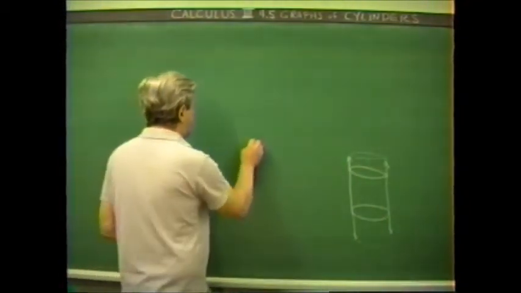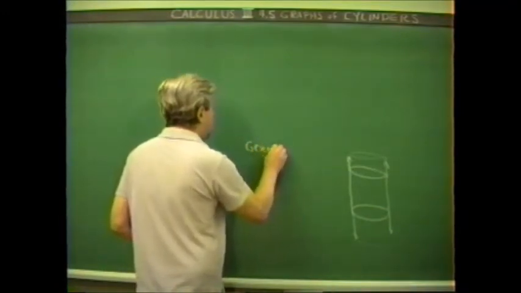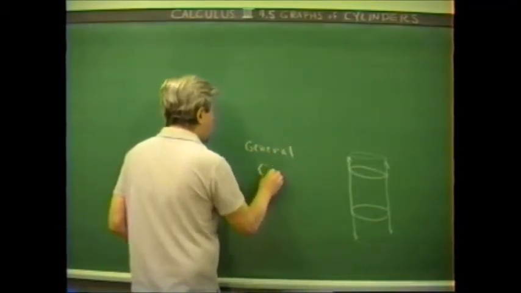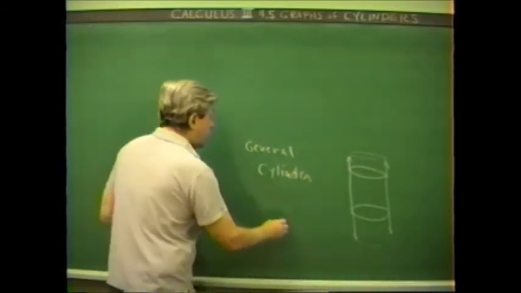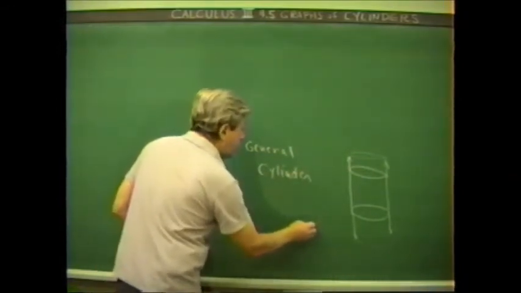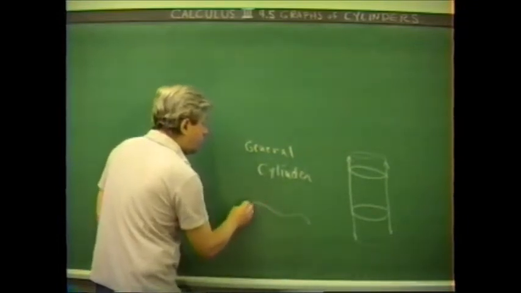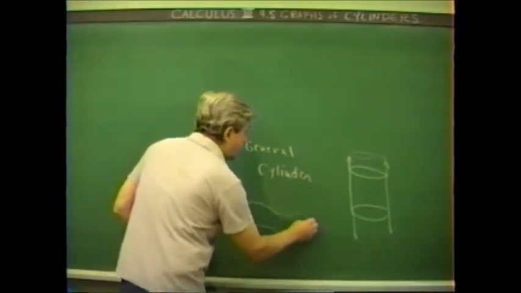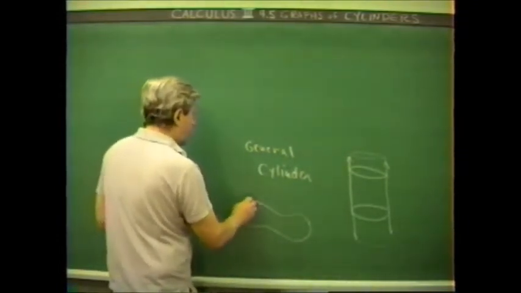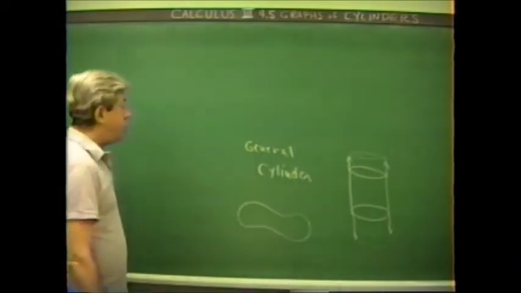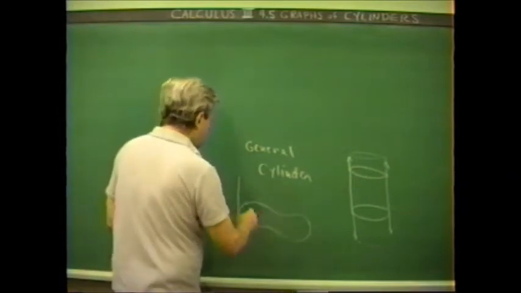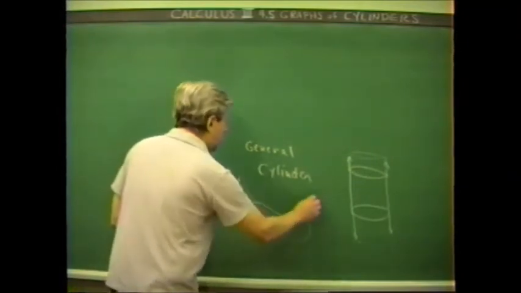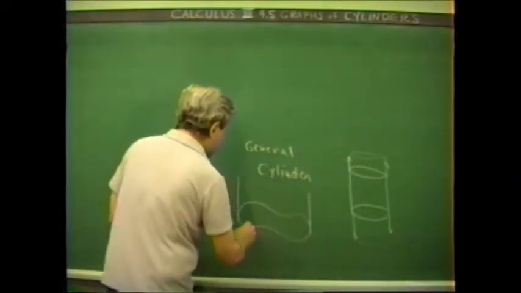A general cylinder consists of a graph where you take a particular shape, perhaps like so, usually a shape that's located in a plane, and draw all the lines, not necessarily perpendicular to it, in a given direction.